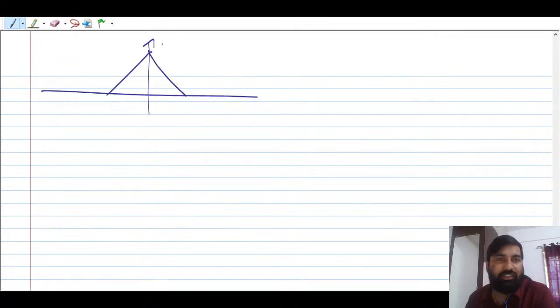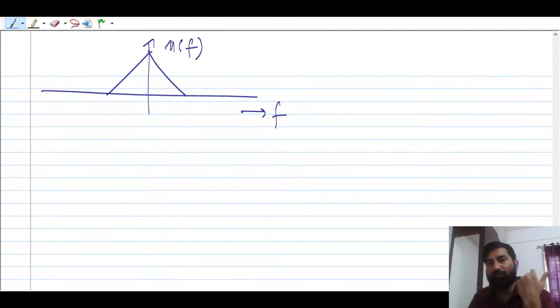Always consider this, since we are talking about modulation. As we move ahead, we will always be focusing on the spectrum of the message signal instead of the time domain signal. We will not consider the time domain signal anywhere. We are going to only focus on the frequency content of the message signal, or you can say the spectrum of the message signal. Spectrum is what?